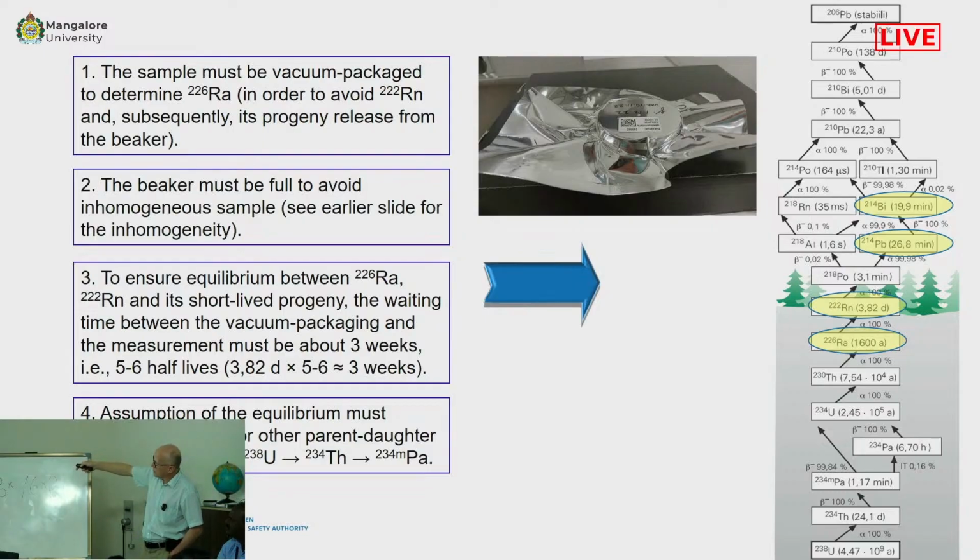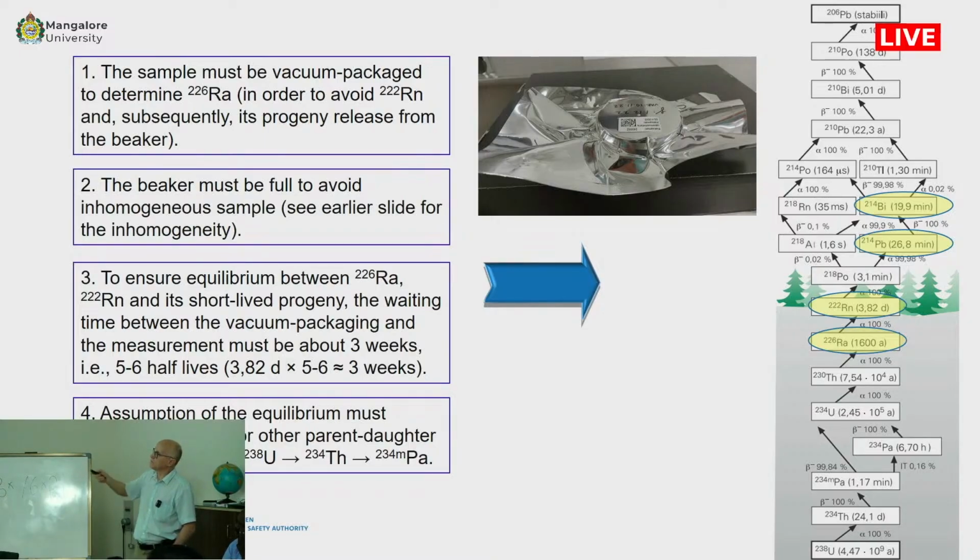The problem is this radon. It may escape from the beaker. I think your beakers are quite tight? You seal it, and cap it tight. Yeah, all right. Although it is tight, we seal it. We use vacuum packaging. It's a very simple process.